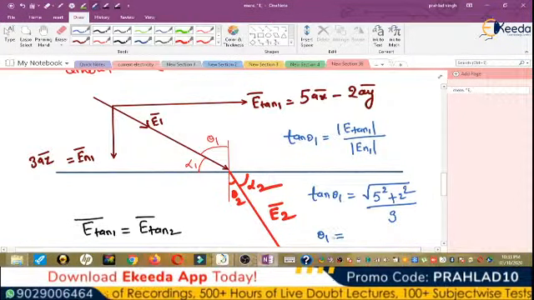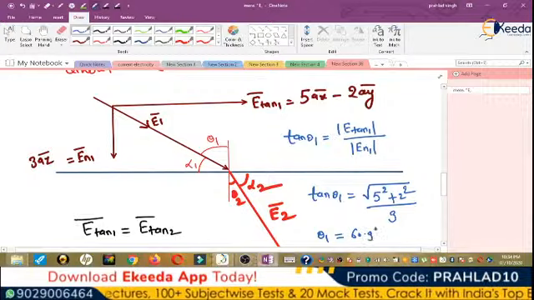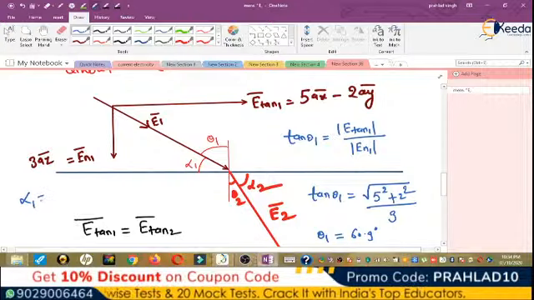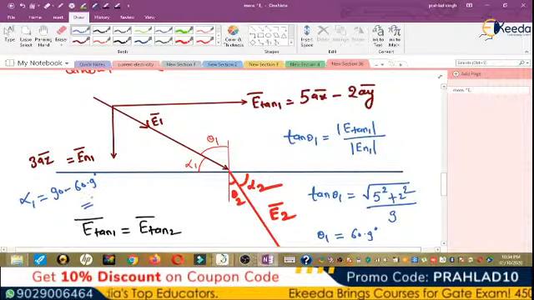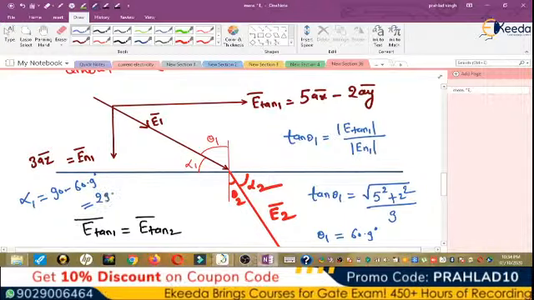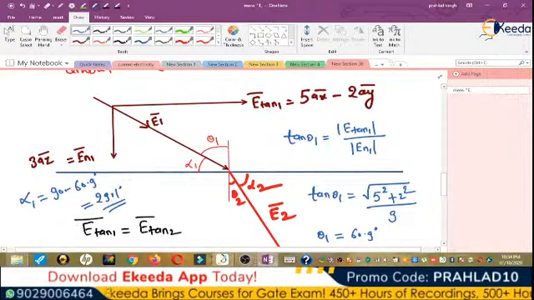So we'll calculate the value of theta 1 from here. Theta 1 is the angle with the normal. It is 60.9 degrees. So alpha 1, which is the angle with the interface, we just subtract this from 90 degrees. So 90 minus 60.9 is equal to 29.1 degrees.